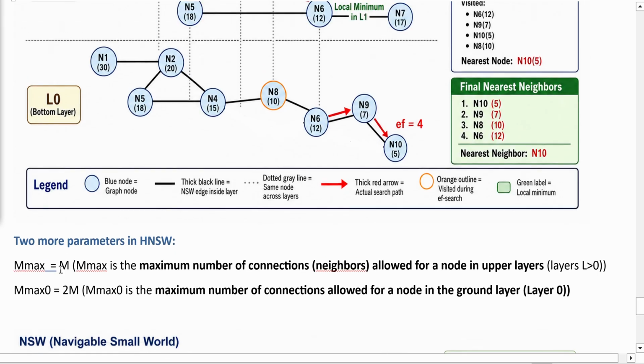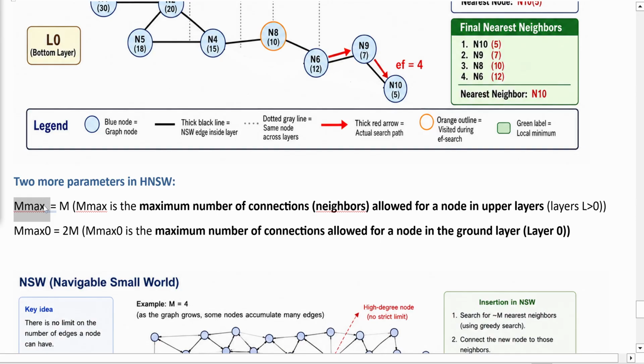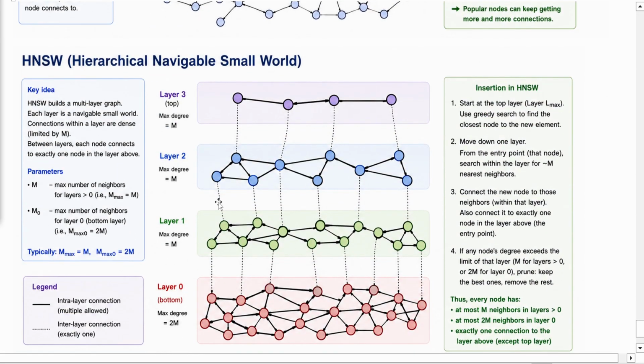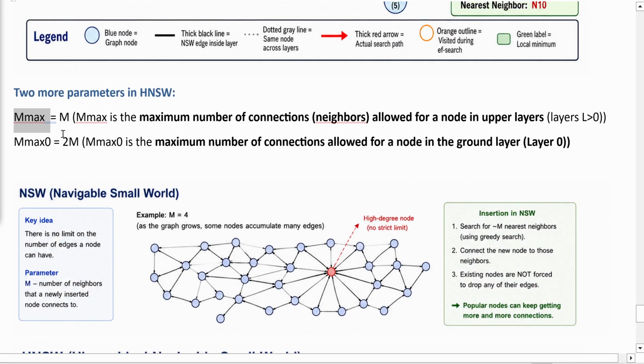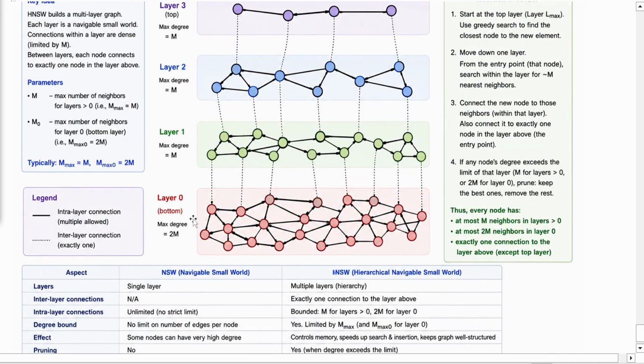So these two parameters signify those values. There is one parameter called mmaths, which signifies the maximum number of connections the top layers can have. Usually its value will be m. And mmaths 0 signifies the maximum number of connections allowed for layer 0.